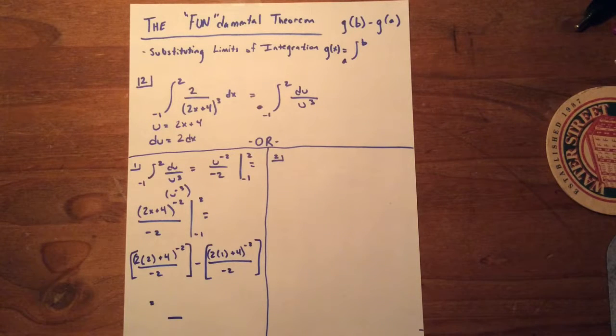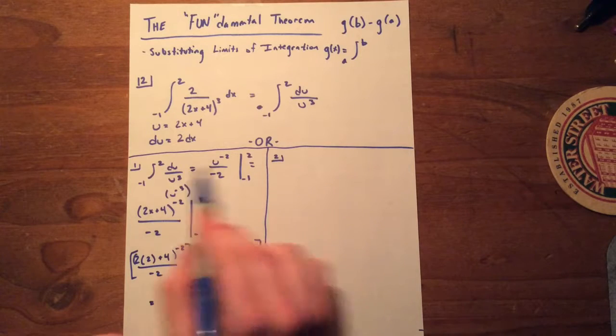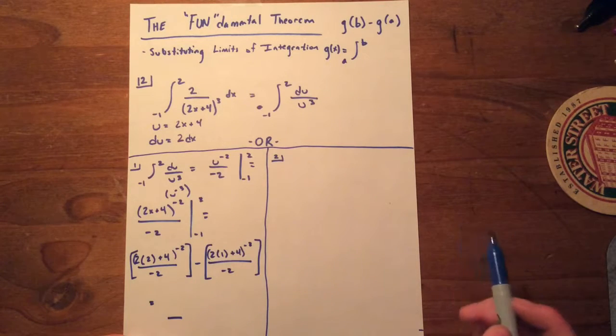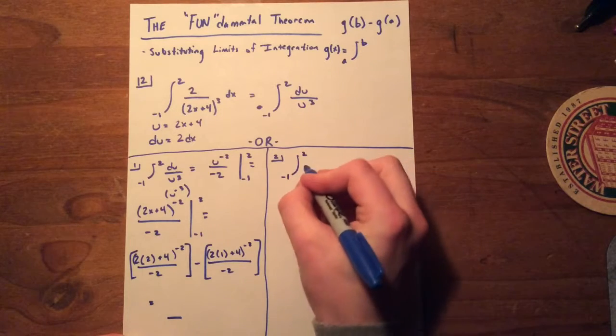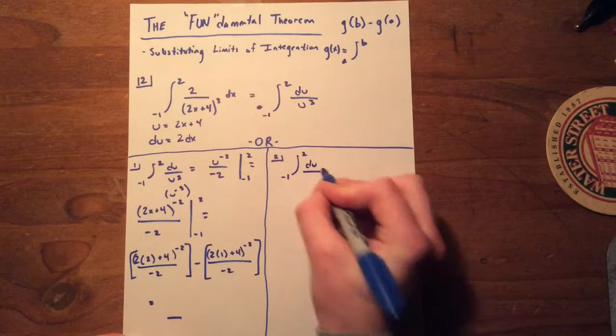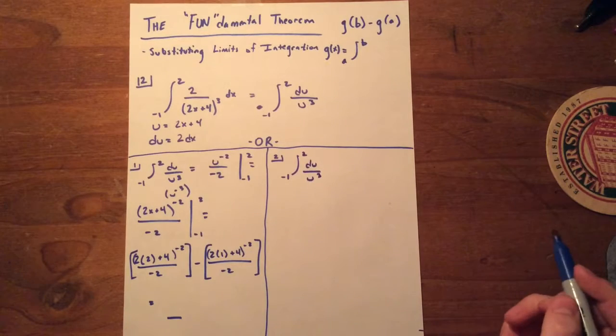So I'm going to go through with you as just a way we can make this process a little bit easier, and that's going to be substituting these limits of integration. So going back to this step right here, I'm going to make it still du over u cubed.